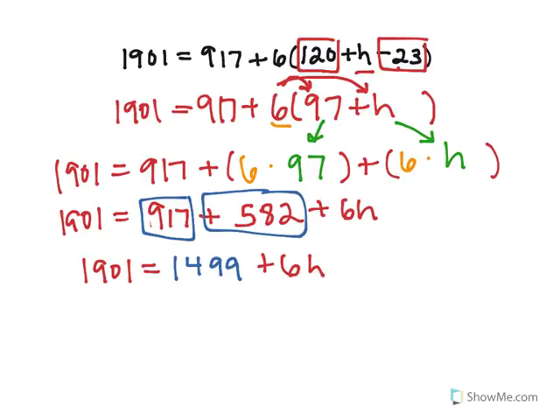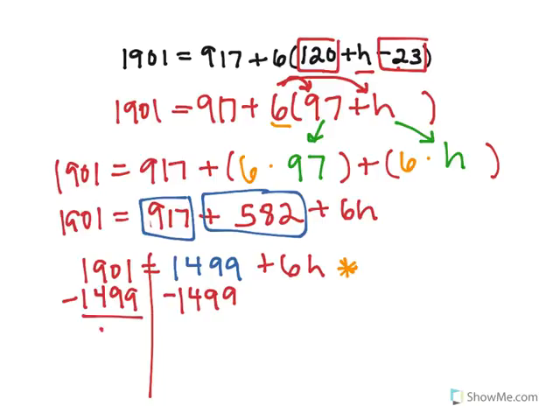Now we're going to use the law of opposites to get all of the variables on one side of the equation and all the constants on the other side of the equation. This side already has my only variable, so I'm going to go ahead and move the constant by subtracting 1499 from both sides.